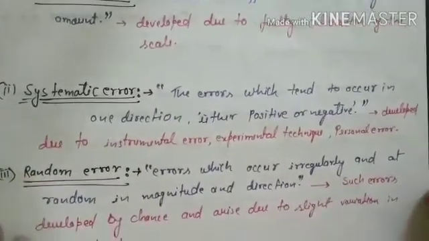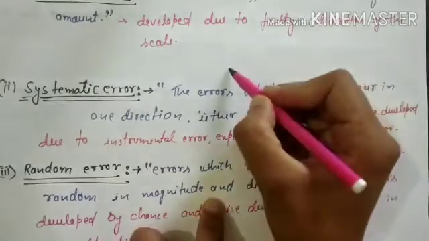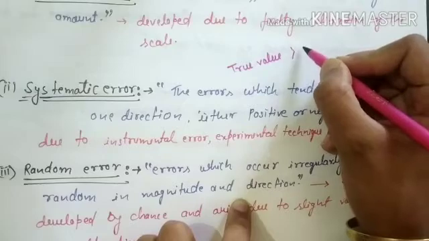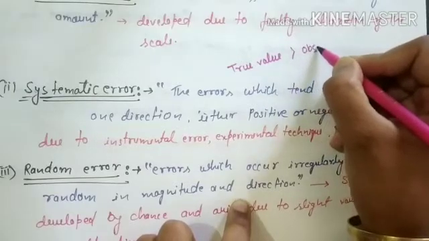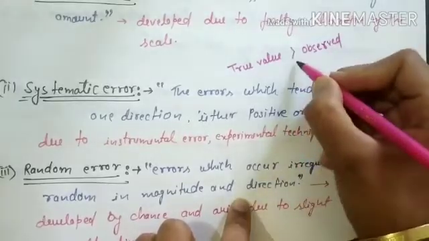What is systematic error? Systematic error tends to occur in one direction, either positive or negative. As we know, our true value may be greater than the observed or measured value, or it may be less.